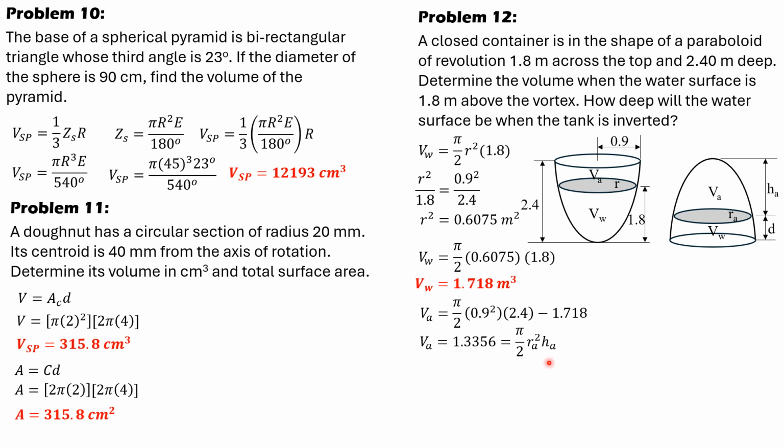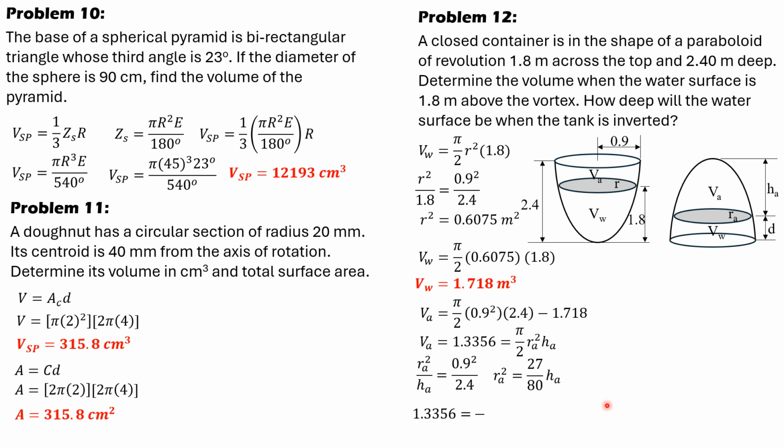Then to relate R_A and H_A, by the squared property of parabola again, R_A squared is to H_A as 0.9 squared is to 2.4. So R_A squared is equal to 0.9 squared over 2.4, or 27 over 80 of H_A. Substitute here.